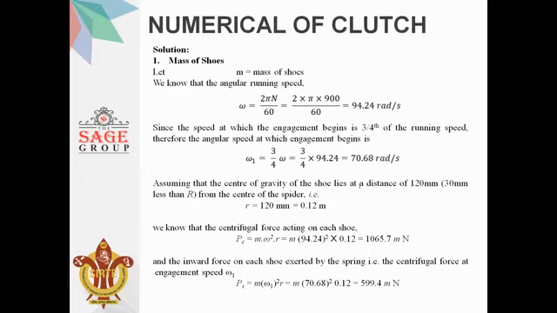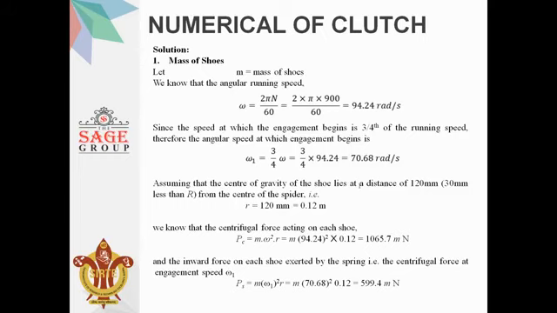Fine. Now we know that centrifugal force acting on each shoe, PC, is equal to m omega square r. So the value of PC will be m into 94.24 square into 0.12. So we find the value of PC is equal to 1065.7 m newtons.